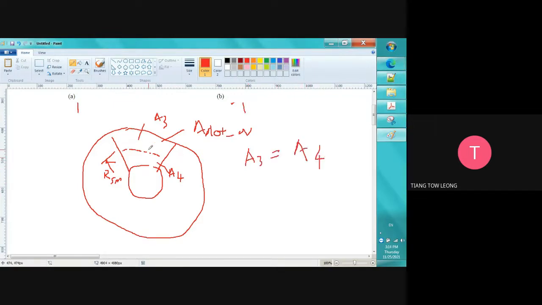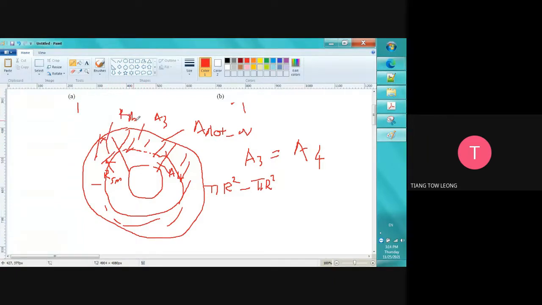How to find A slot 3? We need to find the whole area of this one, which is pi r square divided by the number of slots. This one is RSB, this part is RSM.